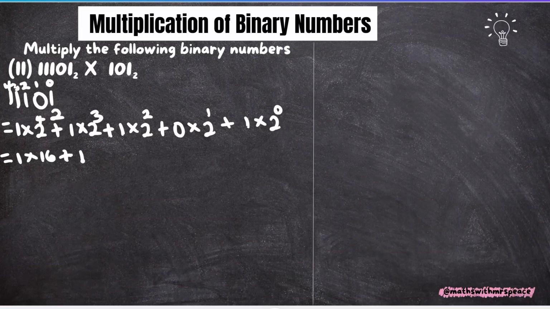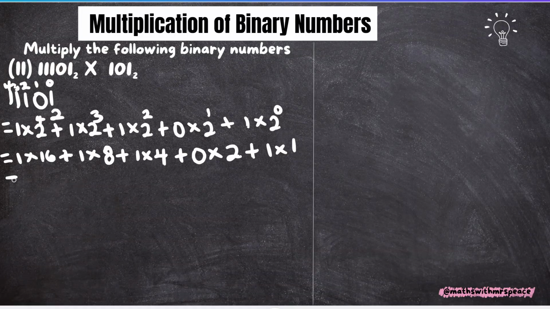Next, we're going to have 1 times 2 raised to the power of 3 will give us 8, plus 1 times 2 raised to the power of 2 will give us 4, plus 0 times 2 raised to the power of 1 will give us 0, plus 1 times 2 raised to the power of 0 will give us 1. Remember that anything raised to the power of 0 will be equal to 1.